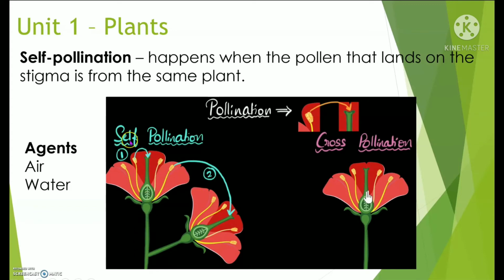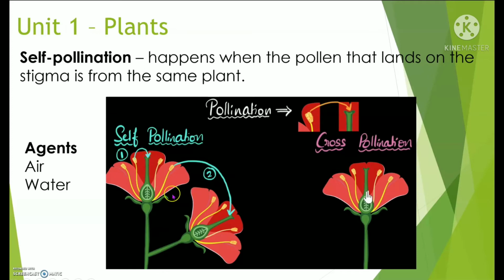From the word self, it pollinates itself. How? First, as you can see, this is the anther. The pollen grains are transferred to the stigma of the same plant. It can happen that way.